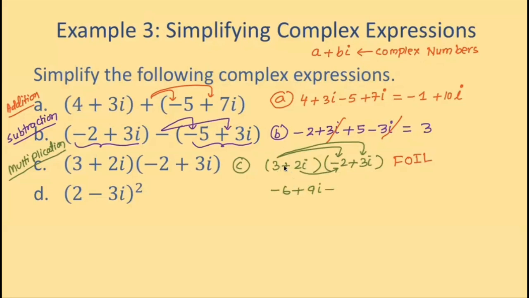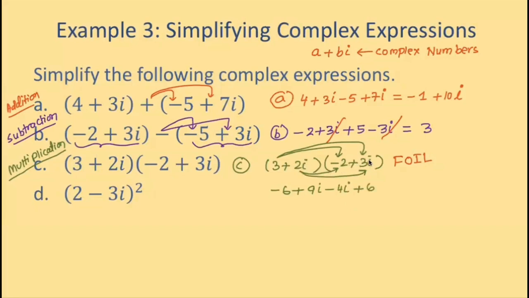Okay, we are multiplying a positive with a negative, so that's a negative. And 2i times 2 is 4i. There we go. And then let's multiply the last one. 2i with 3i. Both are positive. Positive multiplied by positive is positive. 2 times 3 is 6.